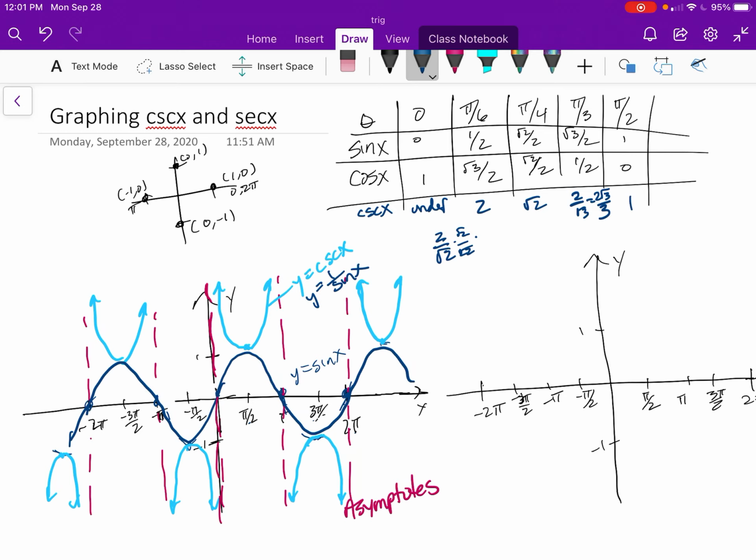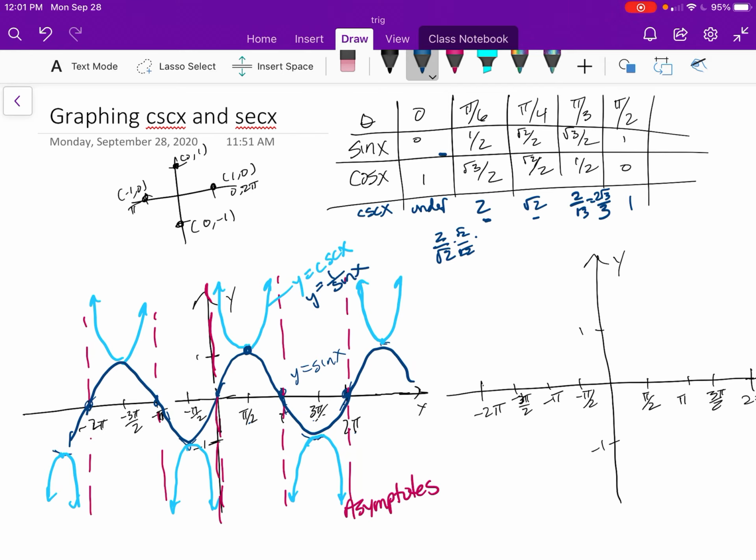Now here's what I wanted to point out, though. The values as we tend to get to this pi over 2, which is right here, where we got 1, are getting smaller and smaller. I had 2, then square root of 2, which is like 1 point something, and then 2/3 of square root of 3. I don't even know what that is, but I know they're getting smaller and smaller.